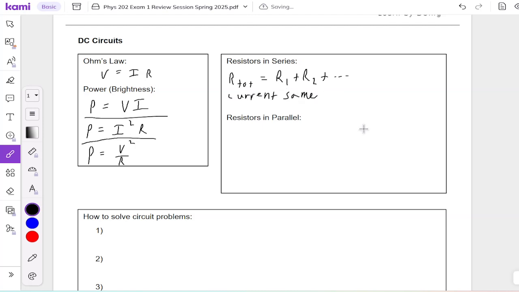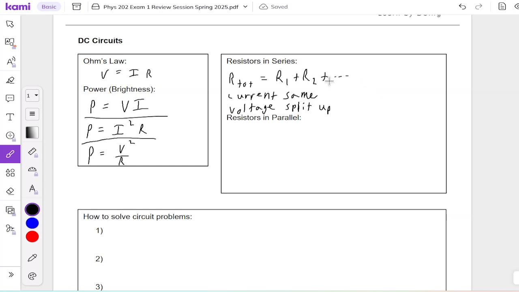If it's 1 amp, it's 1 amp for the whole road, so to speak. And the voltage is going to be split up, like handing out money between 3 friends or something. You're splitting up the voltage.